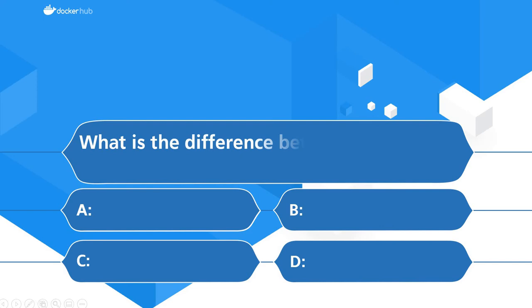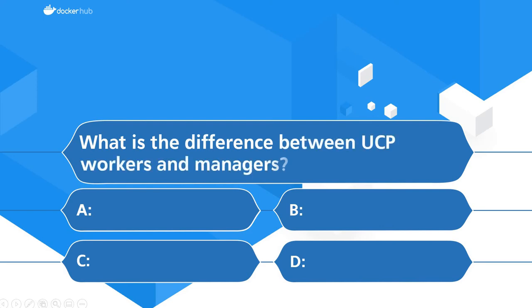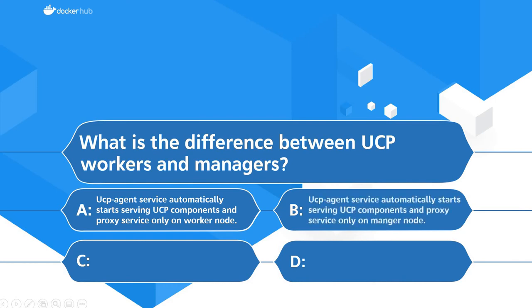What is the difference between UCP workers and managers? A. UCP agent service automatically starts serving UCP components and proxy service only on worker node. B. UCP agent service automatically starts serving UCP components and proxy service only on manager node.